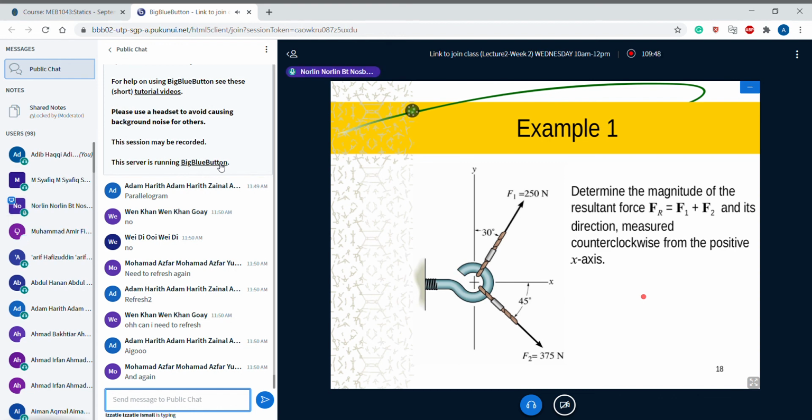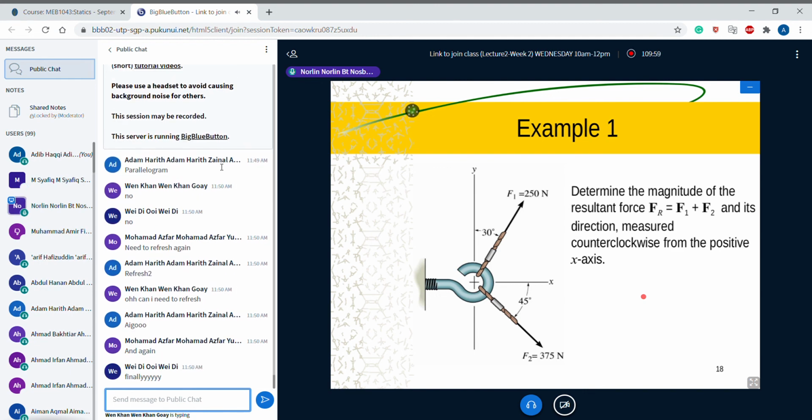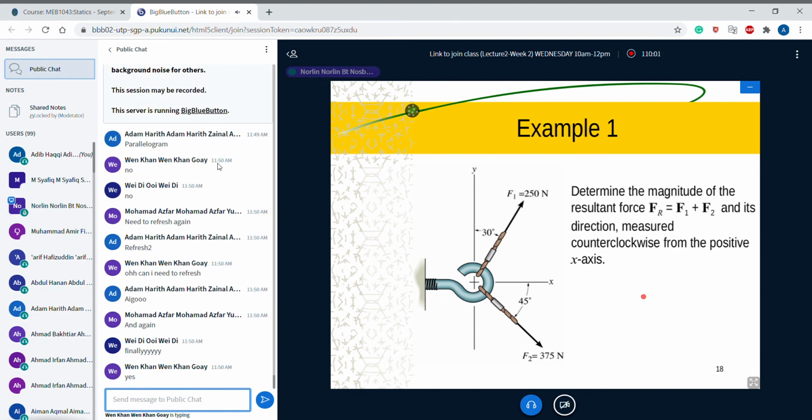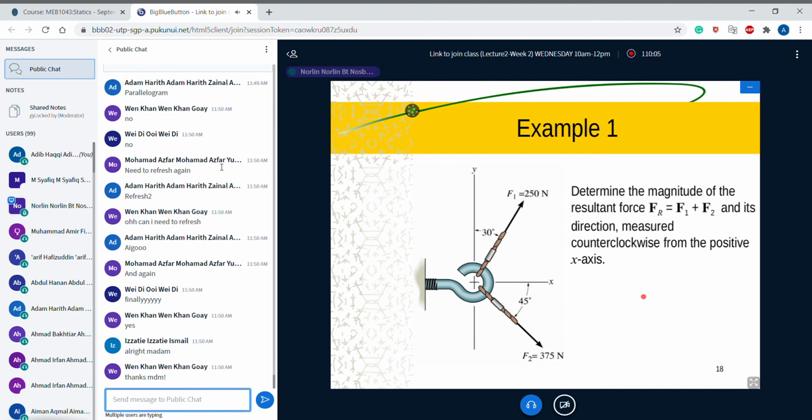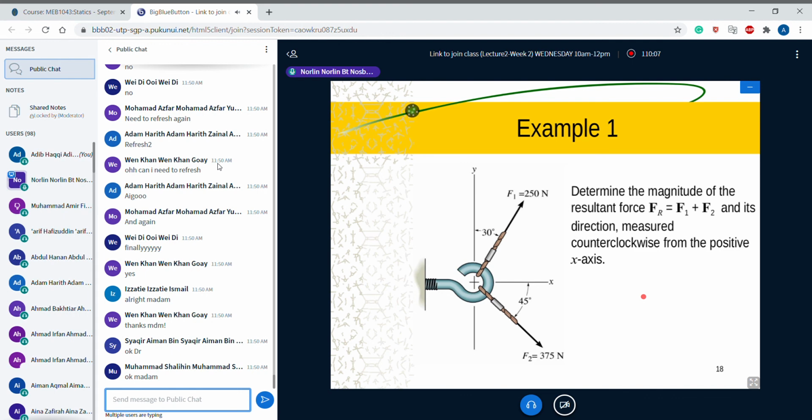Tomorrow night during our replacement class. We are using MST. So I will start with this example one. Tomorrow night, replacement class.